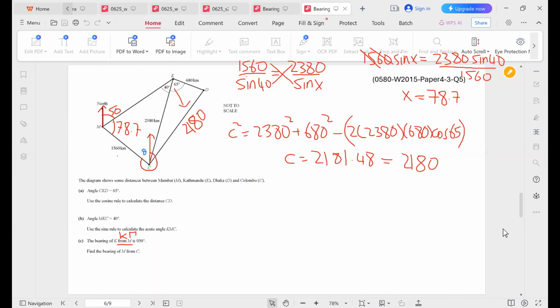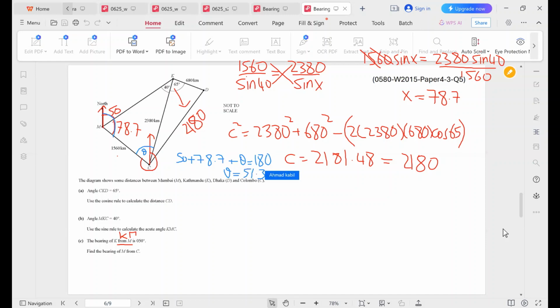Theta is pretty simple. This angle and theta are co-interior angles. So their sum is 180. So you can write a very simple equation here. 50 plus 78.7 plus theta equals 180. And you can figure out theta. It's quite straightforward. So 180 minus the sum of the other two angles, 50 plus 78.7. And you get 51.3 for theta.